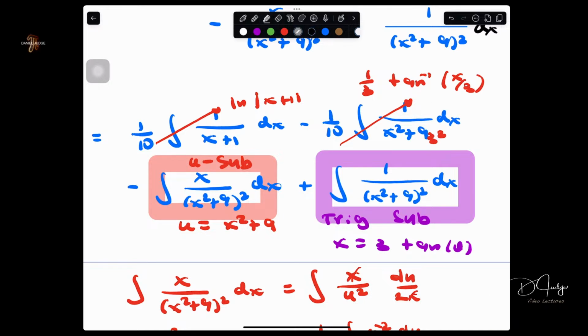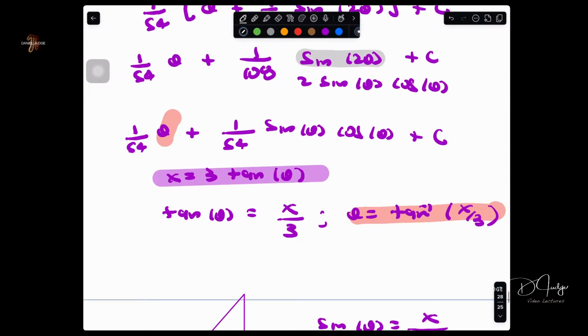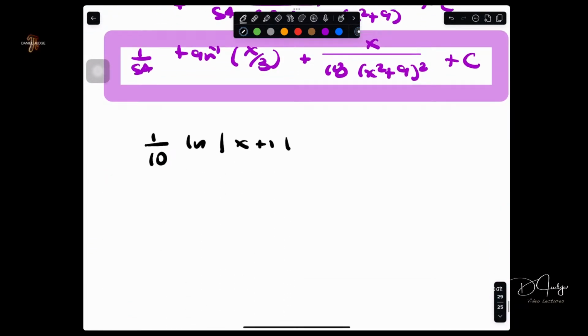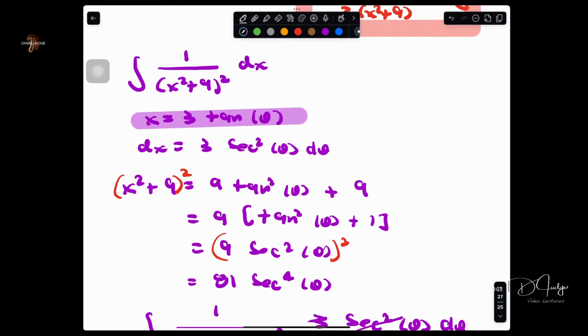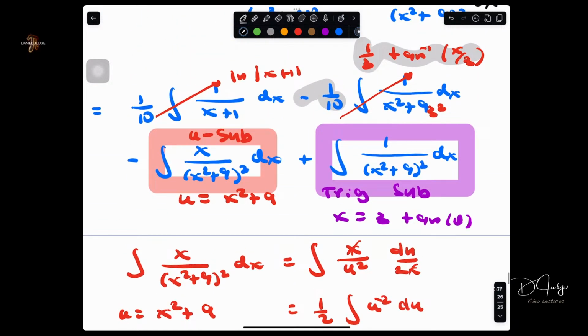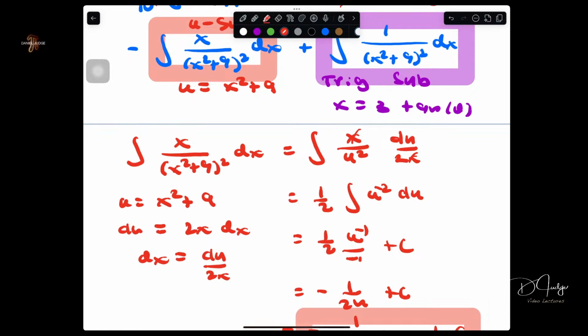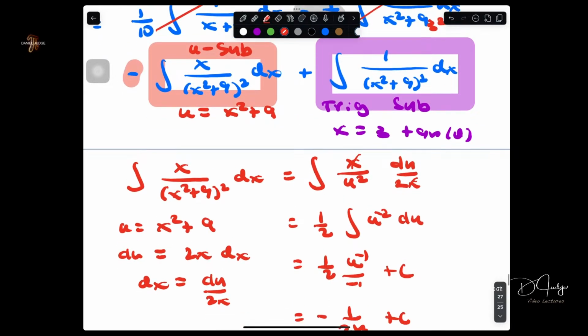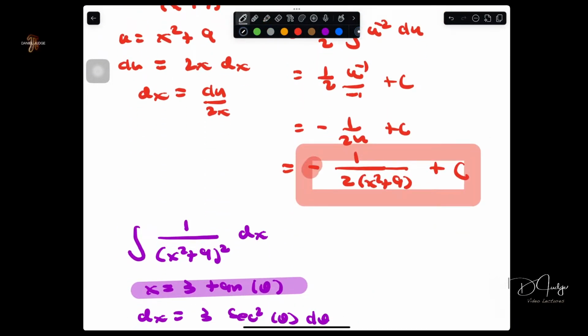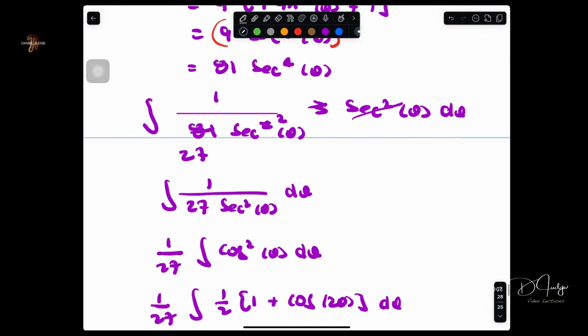Here's what you want to remember. You've got minus 1/10 times this whole thing, so it's going to be minus 1 over 30 inverse tangent x over 3. Then the minus the red integral, that's a minus the minus. It's already a negative. The red integral is negative, so that's plus 1 over 2 times (x squared plus 9).